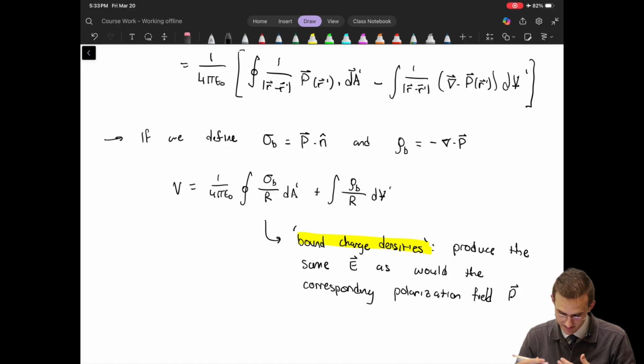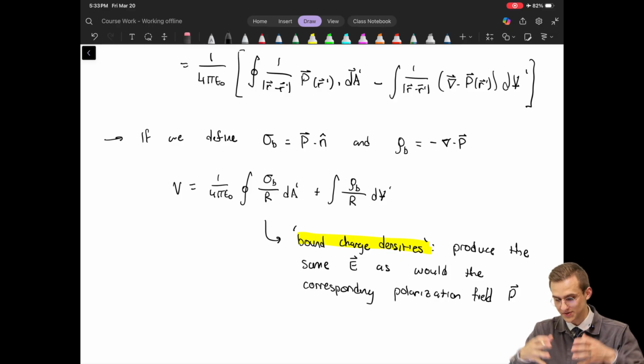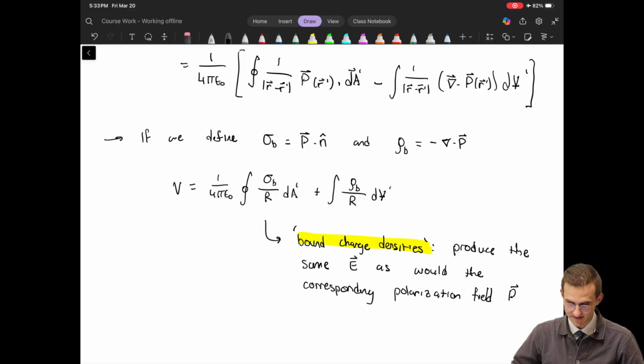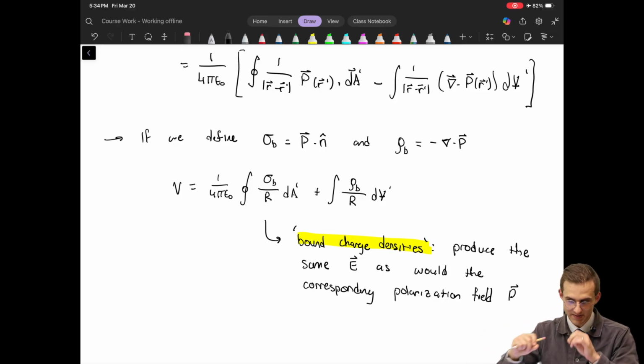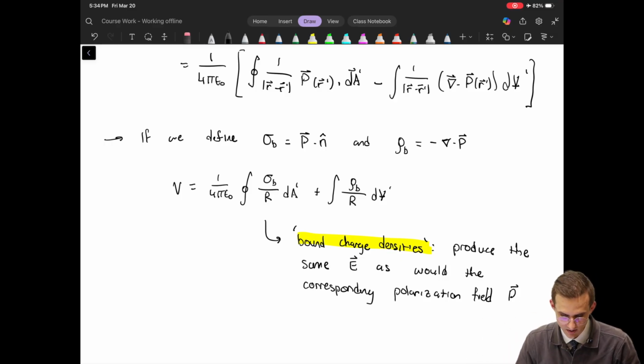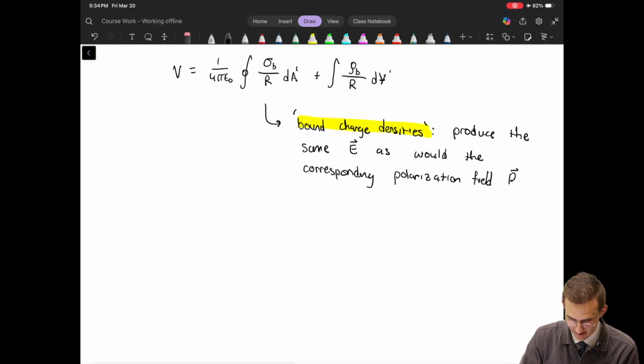So using something like this, we can deal with this continuous bit of matter that seems infinitely complicated, trying to enumerate that feedback mechanism between each individual constituent. We can just put these bound charges into Gauss's law, and it allows us to take this into account, right?